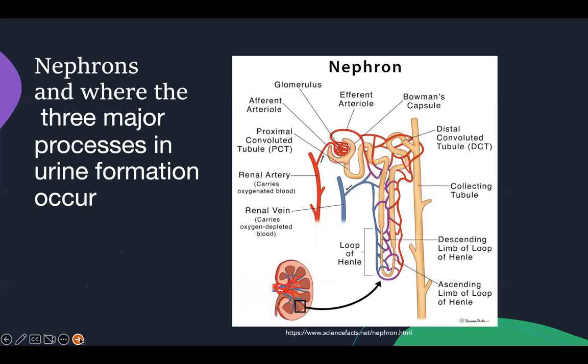The glomerulus sits in the Bowman's capsule, which is located right here. The Bowman's capsule participates in the filtration of blood from the glomerular capillaries and creates a urinary space that filtrate uses.